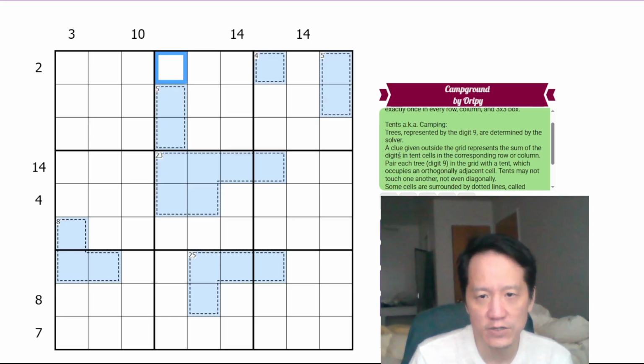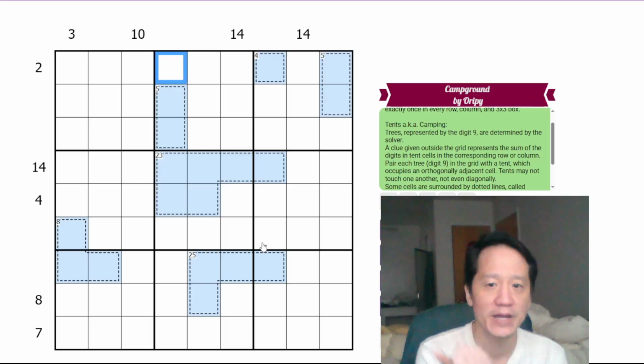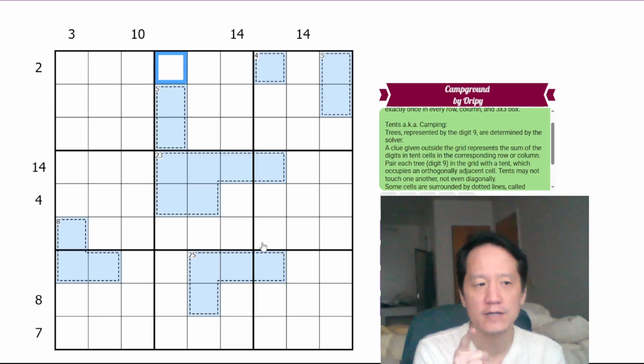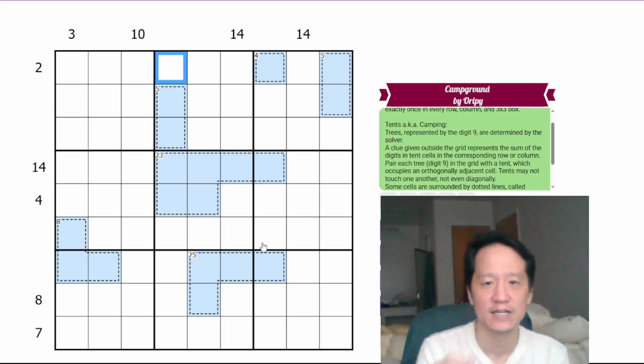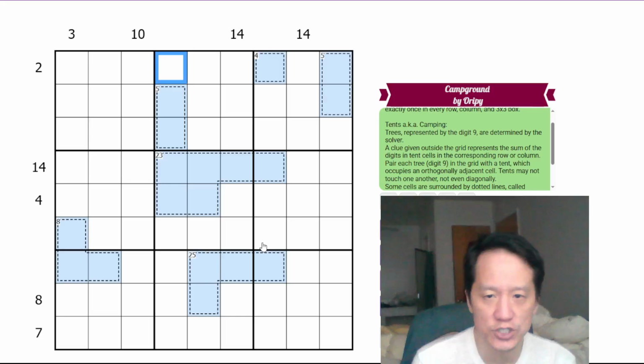And tent cells must be orthogonally adjacent to a tree. And a tree, which is a digit 9, you must always pair with a tent. So every 9, which is a tree, has a tent next to it, which must be another digit that is orthogonally adjacent, which just means sharing an edge with another cell.